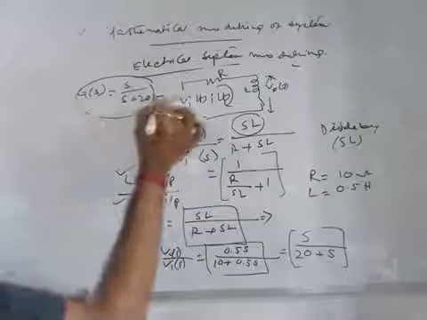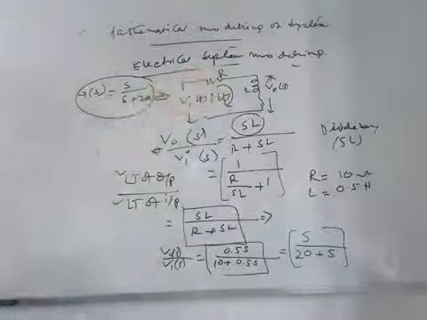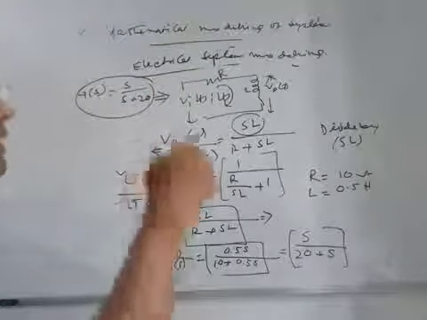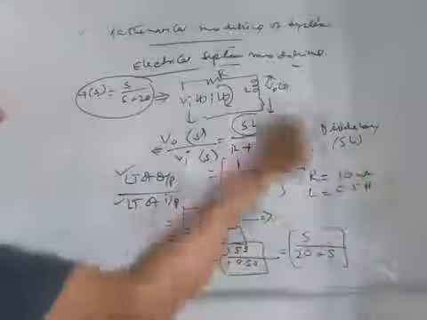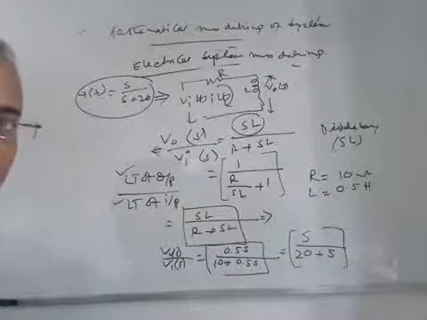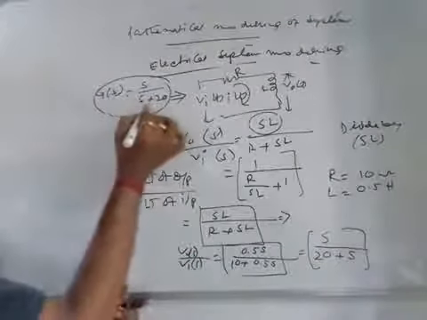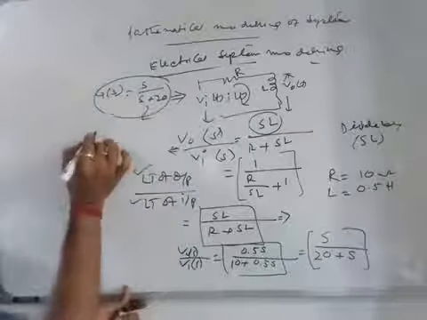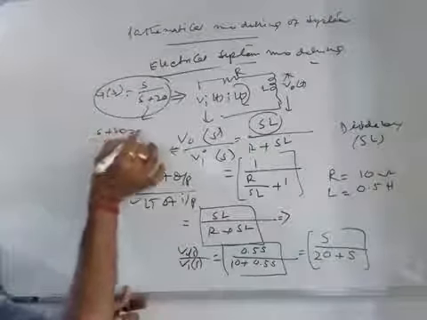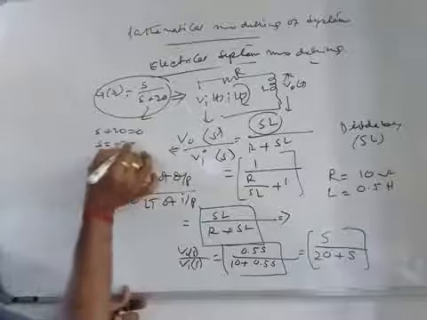Then maybe the system is a series RL circuit where the value of R is 10 ohm and L is 0.5, right? And here you see this pole. What is the pole? Pole means s plus 20 equal to 0, so s is equal to minus 20.